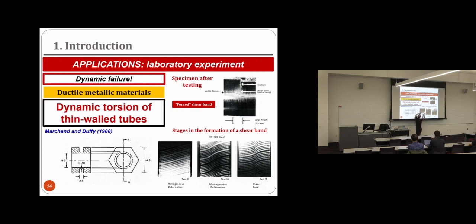As the sample gets twisted, these lines start to get inclined, tilted like this. And then when we have localization, instead of a straight line, what we observe is this nonlinearity, which shows that eventually we're going to have a shear band here and then the final fracture of the specimen. Because this experiment is performed at relatively high strain rates, the adiabatic heating plays a role in the formation of the shear band.